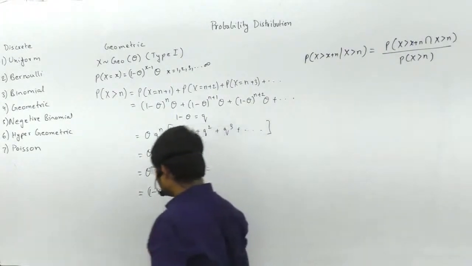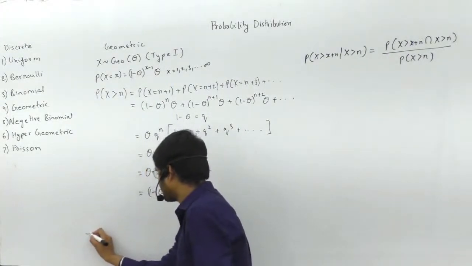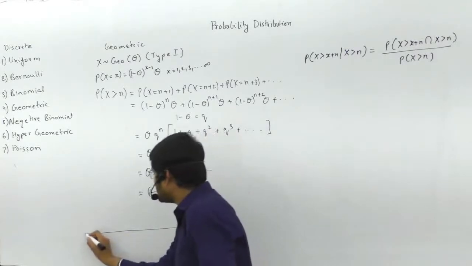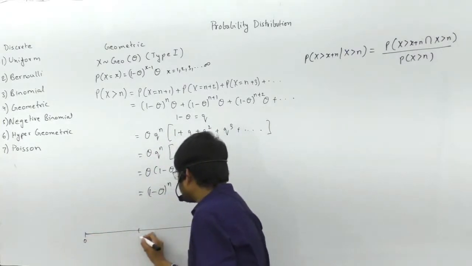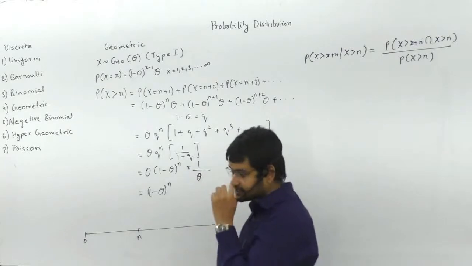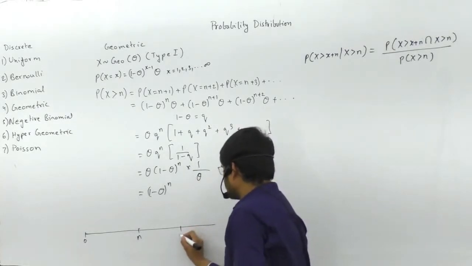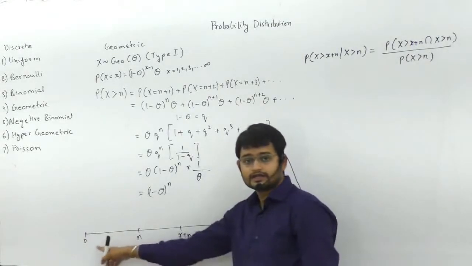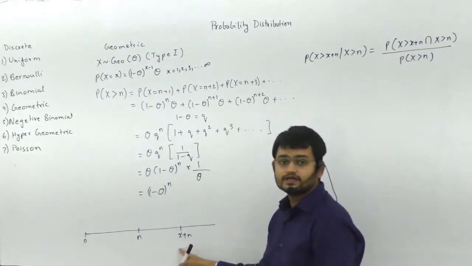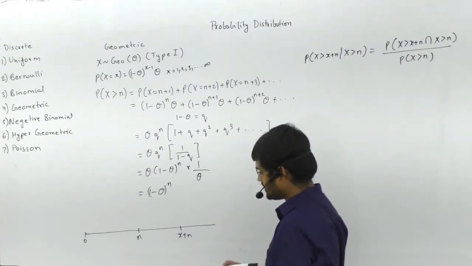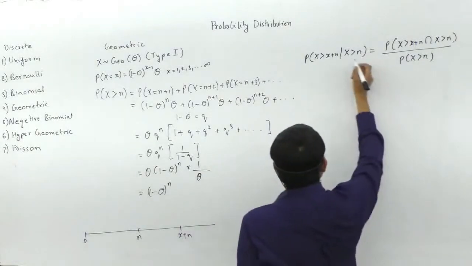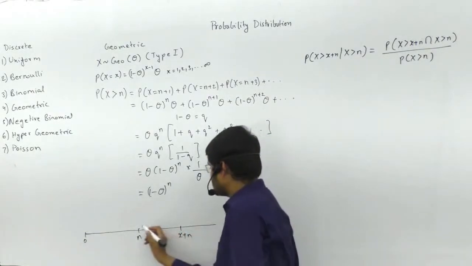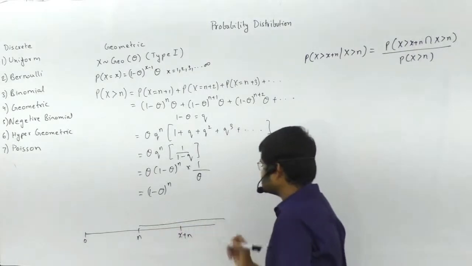Now let's consider a timeline. Now we know our value n is a positive integer, as well as x is a positive integer. So we'll have n greater than 0 as well as x plus n greater than n. Now this particular value x greater than n, I'll denote with all of these numbers.